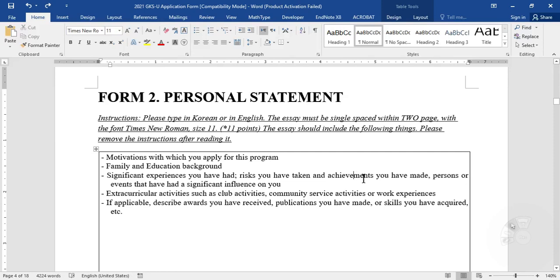Then your achievements: you may have got good grades, achieved an A plus grade, or stood first, second, or third in your class. And persons or events that have had a significant influence on you. So you should mention the inspiration here: who inspired you to become a mechanical engineer, why he inspired you, what you feel about his life, and how and why you want to be like him.